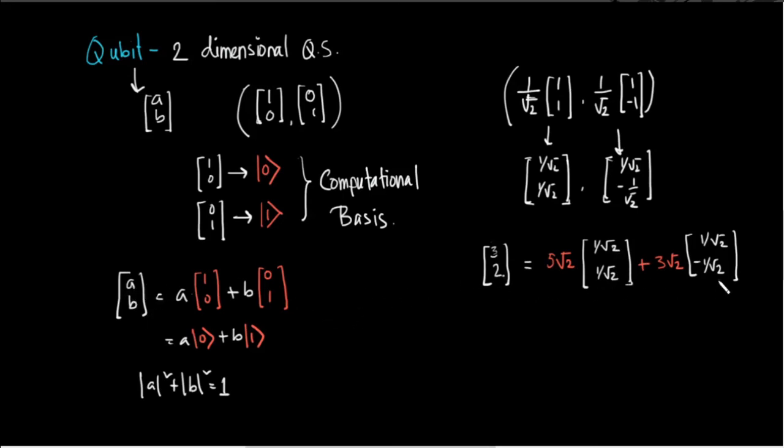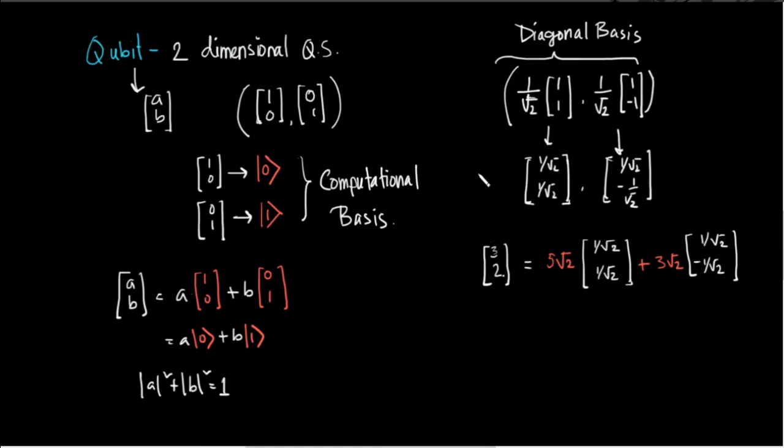These two vectors, 1 by root 2 1 by root 2 and 1 by root 2 minus 1 by root 2, form a basis that also has a special name in quantum computing. This is called the diagonal basis, and these two states have special notation as well.